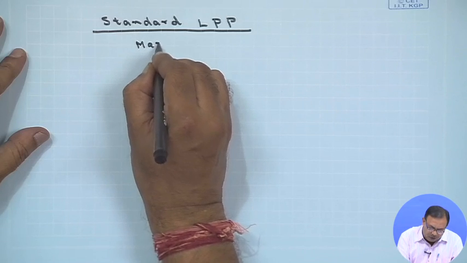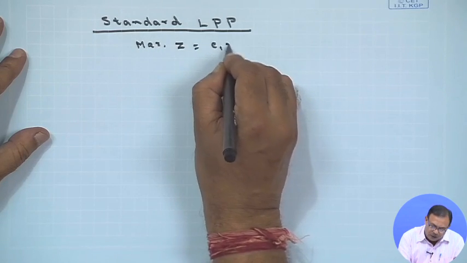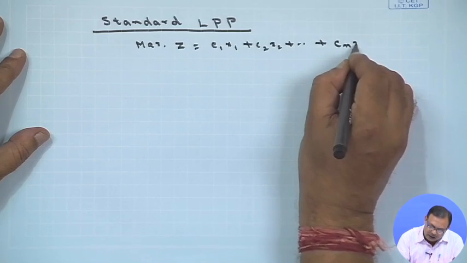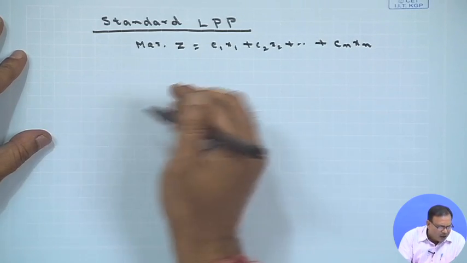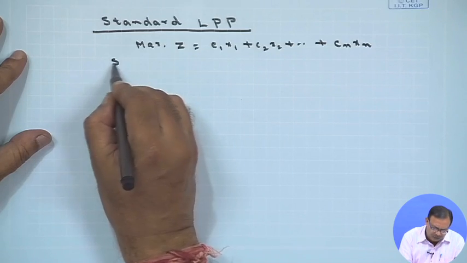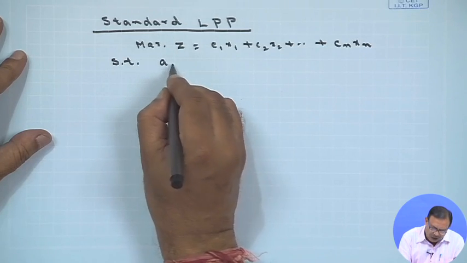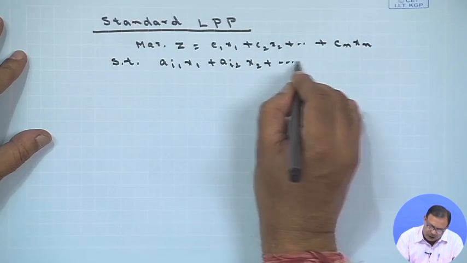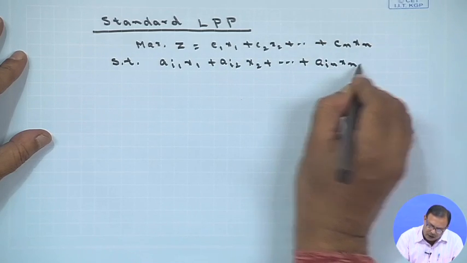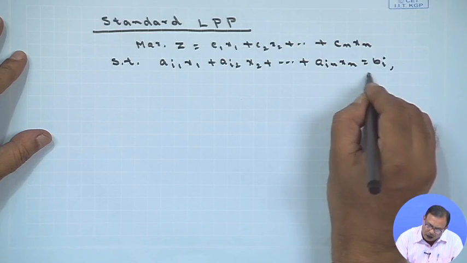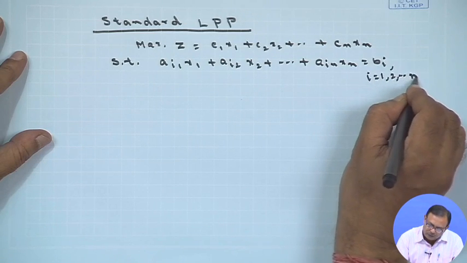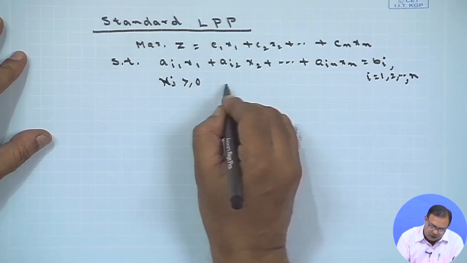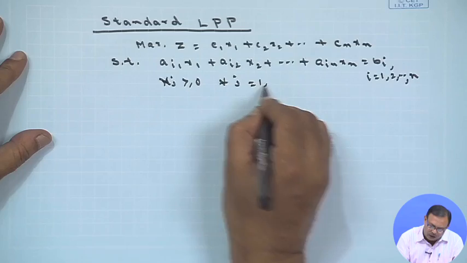My standard form will be maximize z equals c1 x1 plus c2 x2 and so on plus cn xn, subject to ai1 x1 plus ai2 x2 and so on plus ain xn equals bi, i equals 1 to m, and xj greater than equals 0 for all j equals 1 to n.